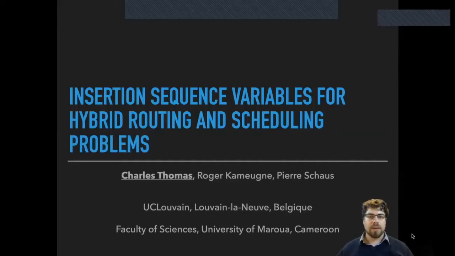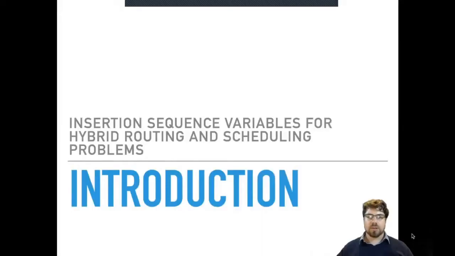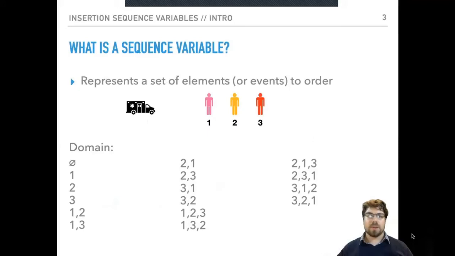Hello everyone, my name is Charles Thomas and welcome to this presentation. So today I will present our latest work on sequence variables. So what exactly is a sequence variable? It is a CP variable that will represent a set of elements or events to order. So we could use that, for example, here to model the itinerary of a vehicle that needs to visit several people.